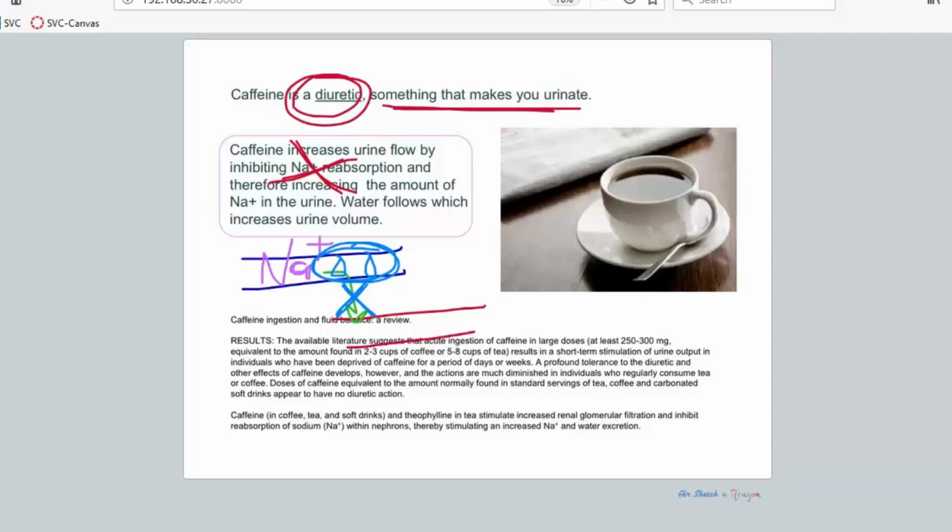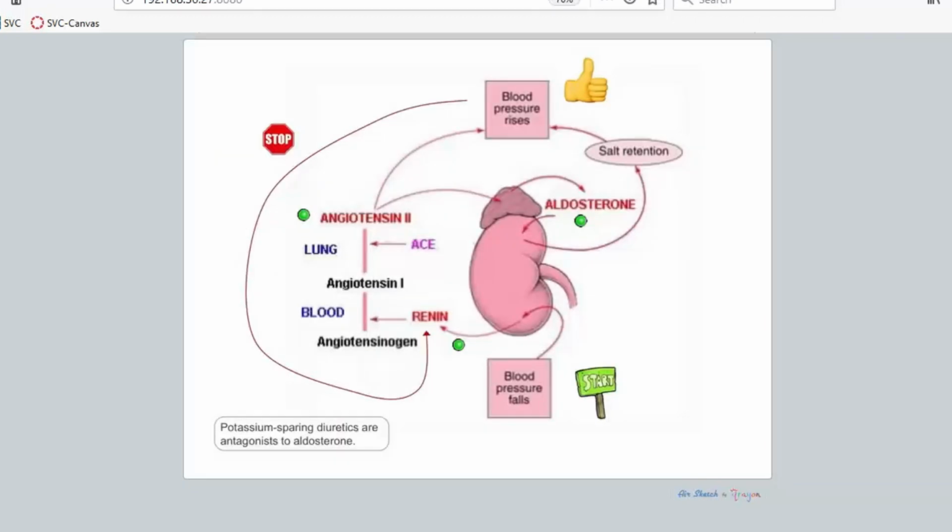And this is a nice little diagram summing all that stuff up. Blood pressure falls. That's detected by the kidney. The kidney releases renin in response. What does renin do? Converts angiotensinogen to angiotensin 1.